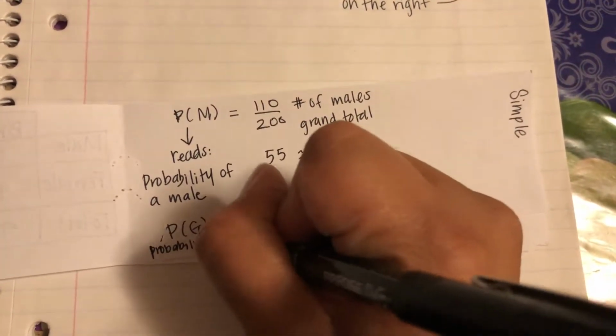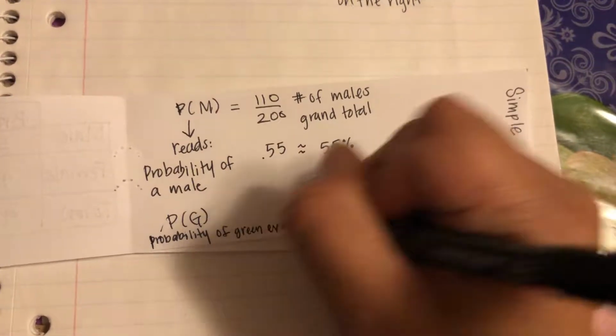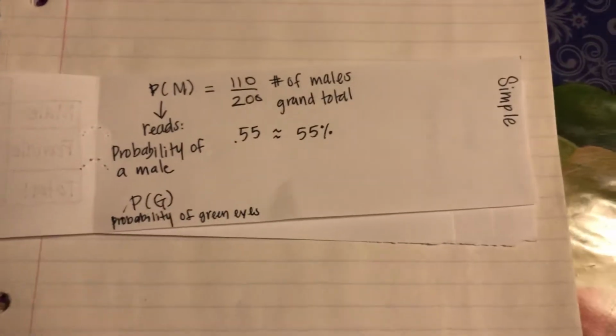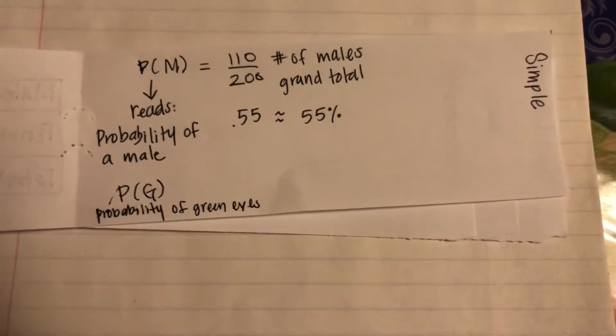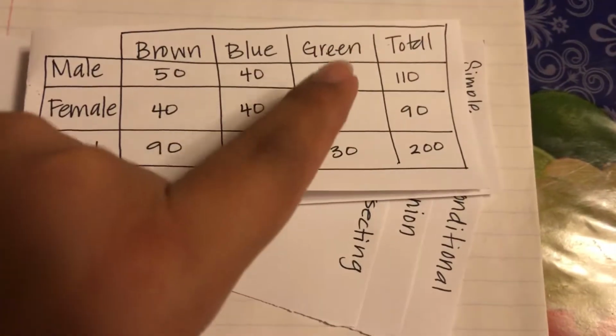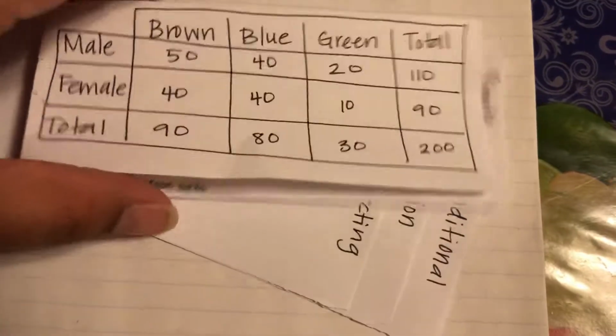I'm sorry that it's shaky, but I'm trying to do this with one hand and not hold this little slice of paper. If we look back at our handy dandy chart, we have green eyes, and the total people that were interviewed were 30 out of the 200.